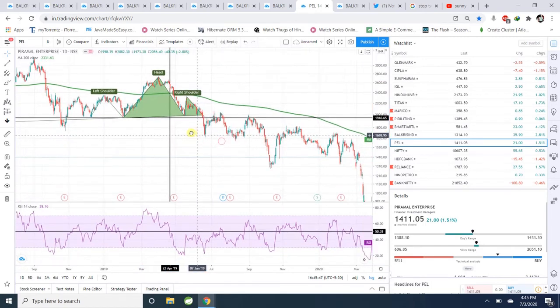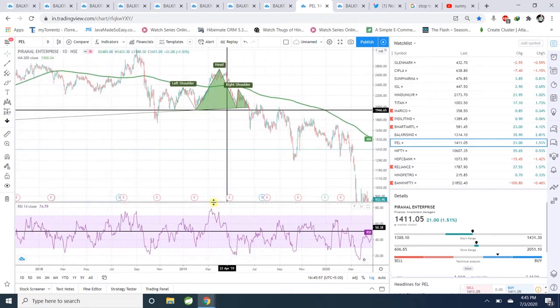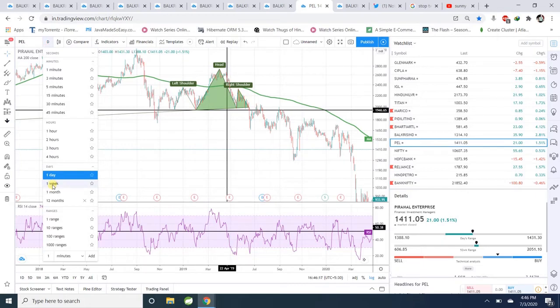You can easily see how the target was achieved, and in fact exceeded, because another breakout happened here. Normally people say that these patterns don't work. The reason is that if you trade against the trend, like in this case, if a bullish pattern formed and you were on the buy side, you would lose because the weekly RSI is under 50.